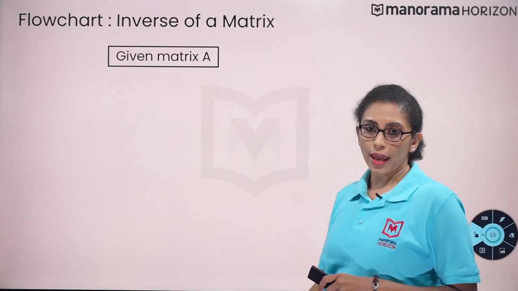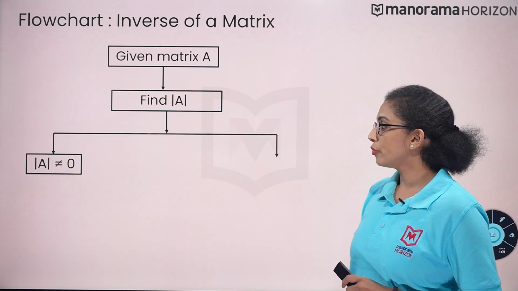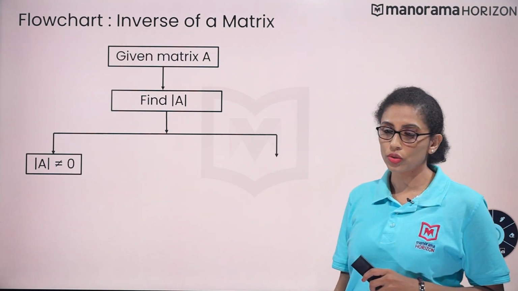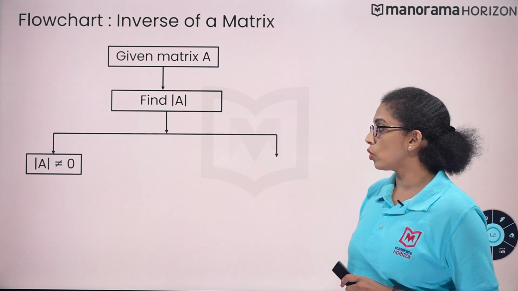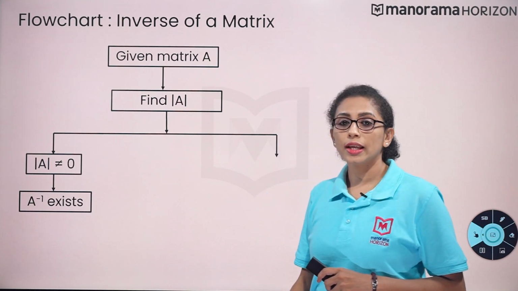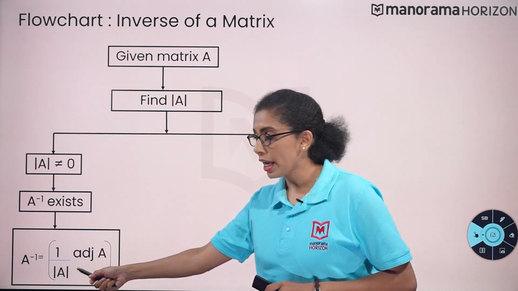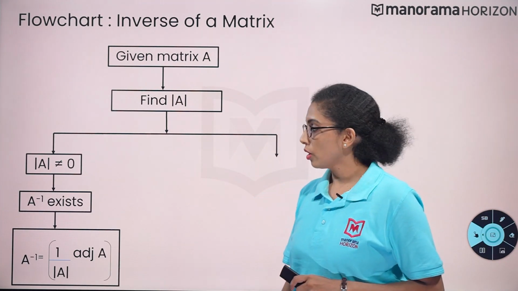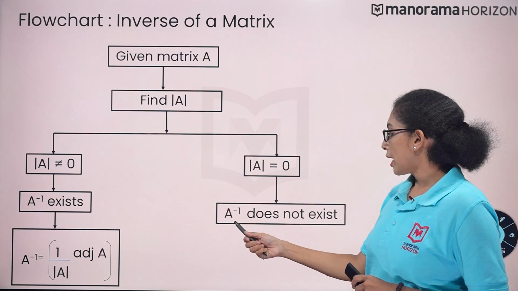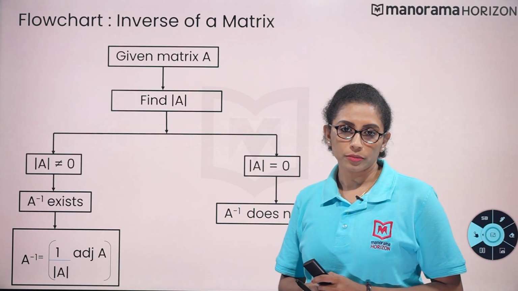We get a matrix A. First, we need to find the determinant of A. Next, we have to check whether the determinant is not equal to 0 or equal to 0. If the determinant is not equal to 0, we can say the A inverse exists. And the A inverse is found by 1 by determinant of A into adjoint of A. Now what happens if the determinant is equal to 0? Then A inverse does not exist and we cannot proceed further.